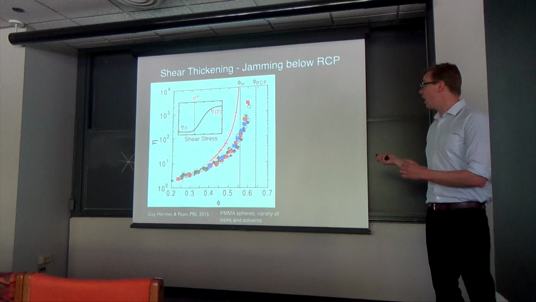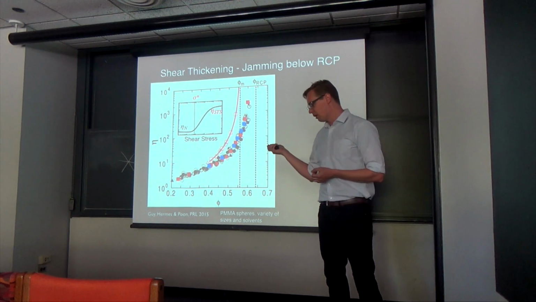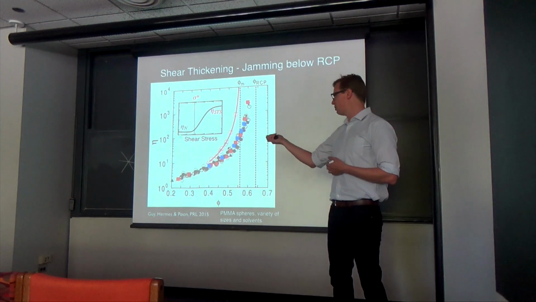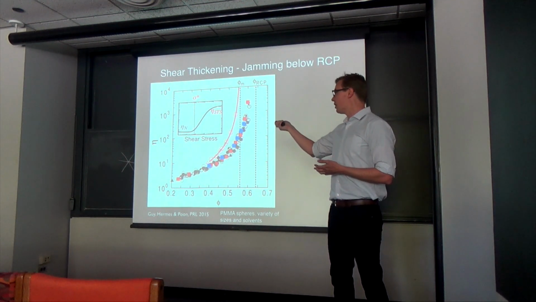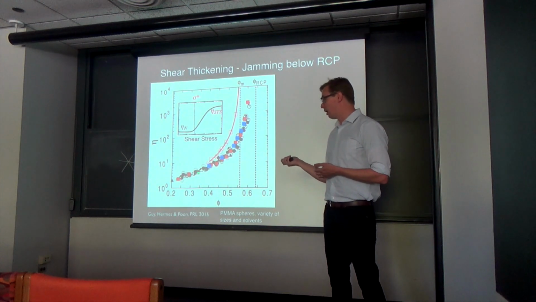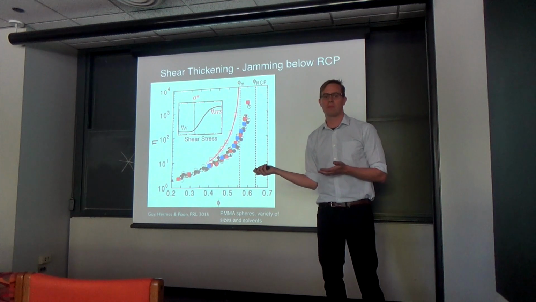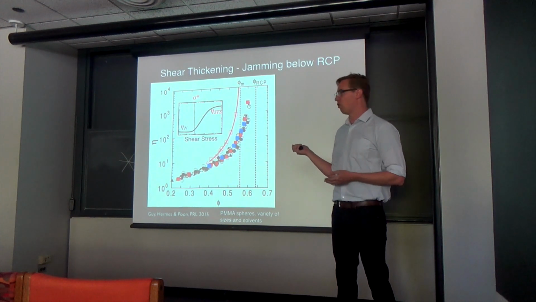If you plot these two different plateau values, the second Newtonian plateau, so this high shear plateau, and then your shear thickened plateau viscosity, for all different types of shear thickening suspensions, you tend to find this two-branch structure.